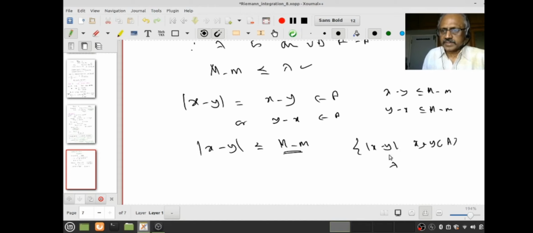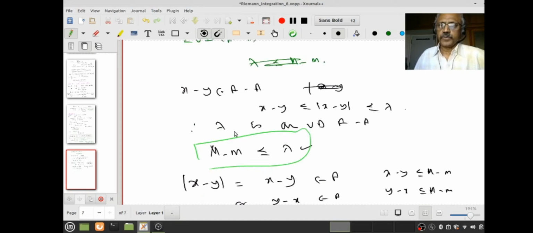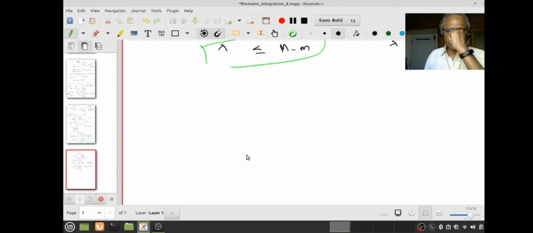Okay, but lambda is the least upper bound of the set. Therefore what is the relation? Lambda is less than or equal to M minus m. Okay, compare these two. So we have proved this. Let me write what we have proved so far. I'll apply it in a minute.